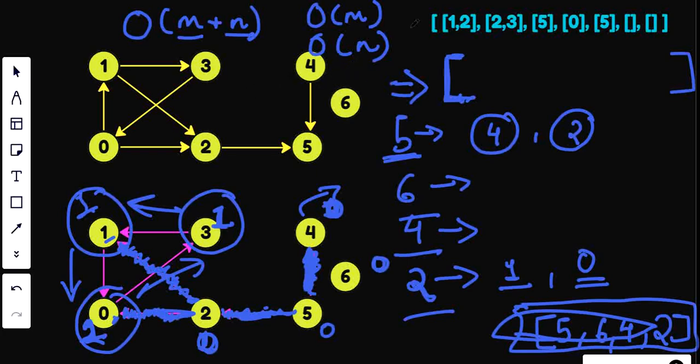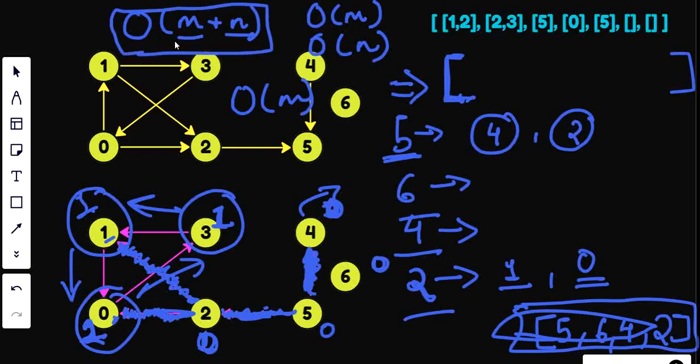Once we pop the element from queue, we iterate over its neighbors, that will again take big O of m time, and after that we are pushing elements in queue, so that will also take time. So overall time complexity will be big O of m plus n.